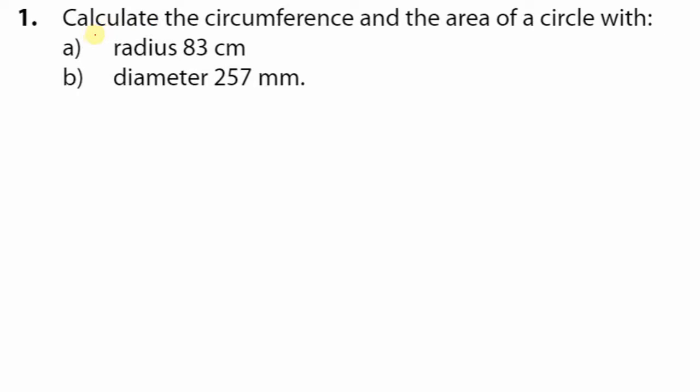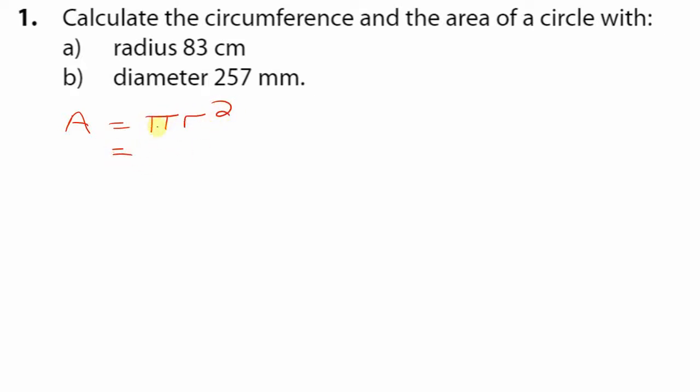So for number 1, we have to calculate the circumference and the area of a circle with firstly a radius of 83 centimeter. So let's first calculate the area. Area is pi radius square.